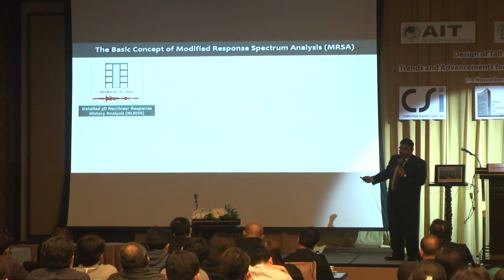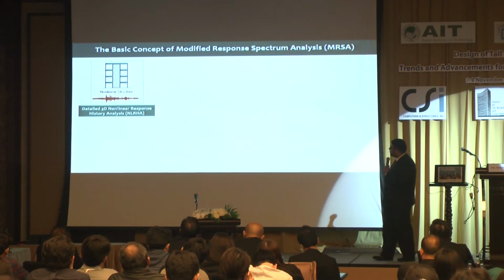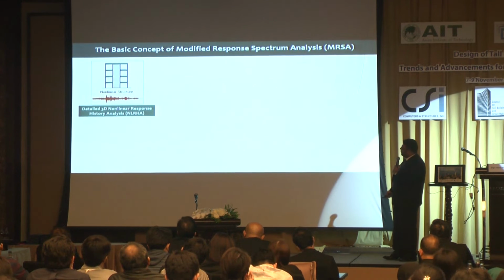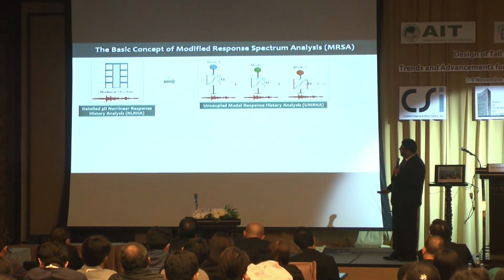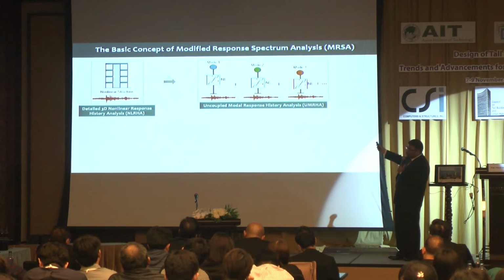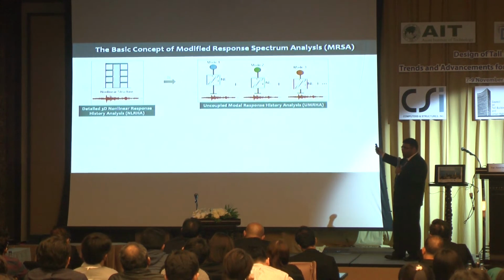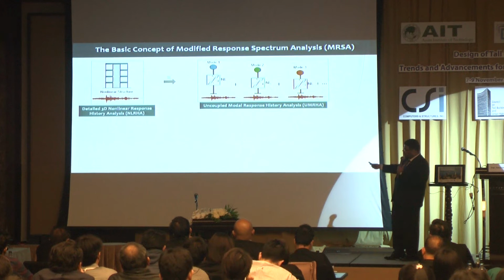We extended this idea to come up with this modified response spectrum analysis method. What we say is that we have a nonlinear structure subjected to a ground motion, and we know that we can approximately decompose it into 3 or 4 or any number of significant vibration modes using the approach which I have explained before.